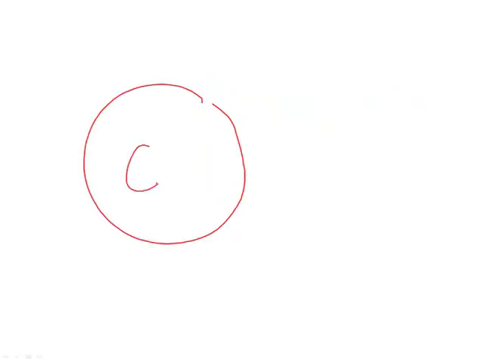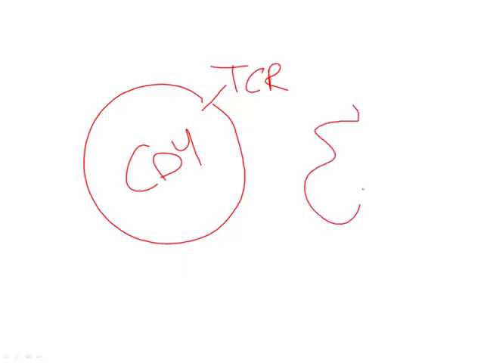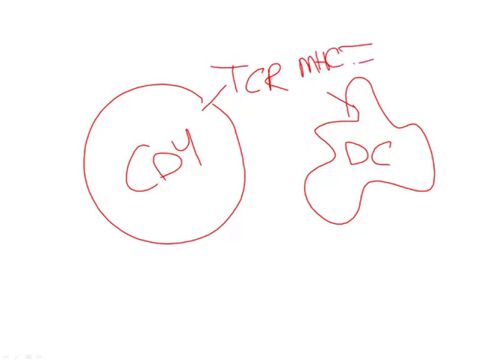So just to highlight this, let's imagine that you have a CD4 positive T cell, and the CD4 positive T cell is using its T cell receptor to bind antigen being presented by this dendritic cell. Here is your MHC2 with the associated antigen, and you've got this first interaction occurring.